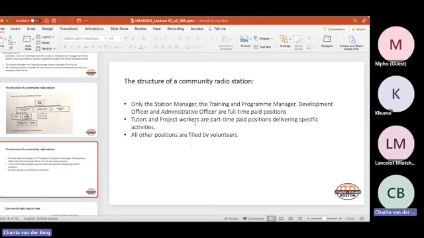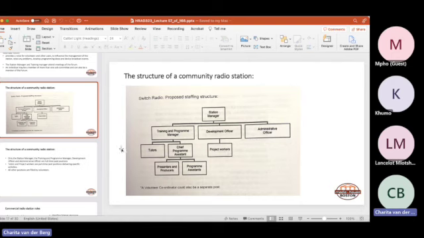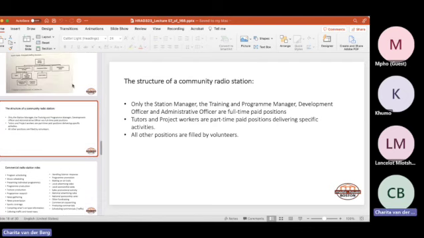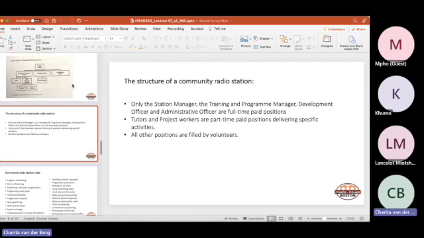So tutors and project workers are part-time paid positions delivering specific activities, and all other positions are filled by people who work for free, who are volunteers to the radio station, okay? So these also get paid a little bit. These are for free. So that is community radio station, okay?